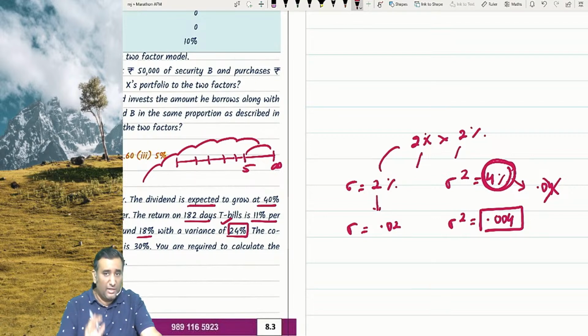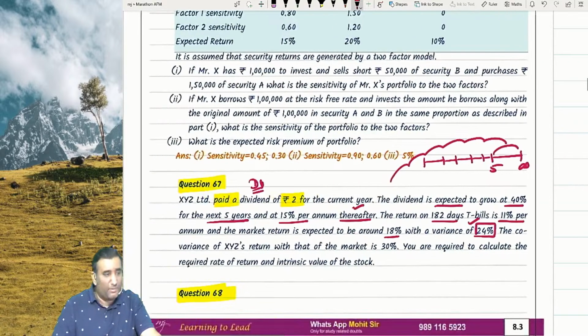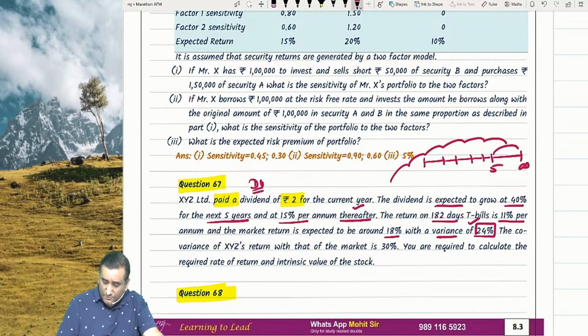Technically I don't think any problem has arisen till now, because either he has given all data points in the point form or all data points in percentage. But in practical life, variance is actually a square form. So if it has to be converted into points, you should be careful at that point. Again, the covariance with the market is 30%.